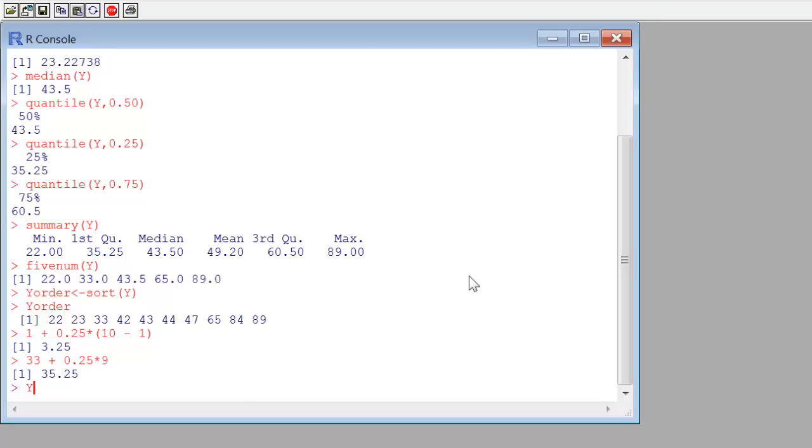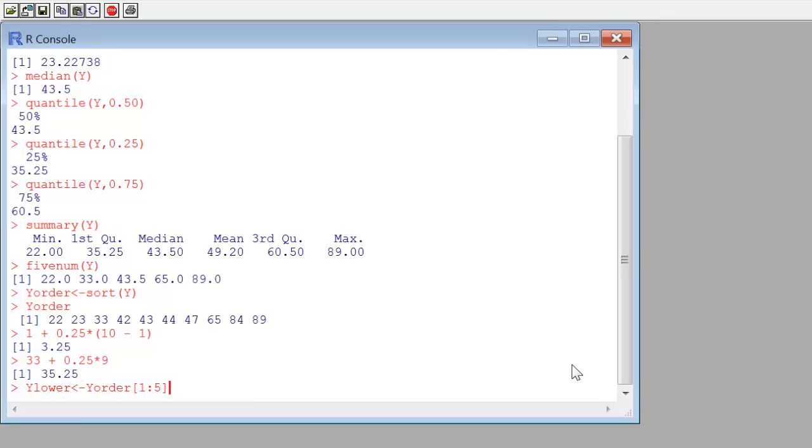Let me define a variable here called y lower. It's just going to take the lower half of the data. Now the lower half of the data, since there's 10 observations here and the median is in between 43 and 44, would be the first 5 numbers. So I'm going to define y lower to be the y order data, and I'm now going to type a left bracket, not a left parenthesis, 1:5 right bracket.